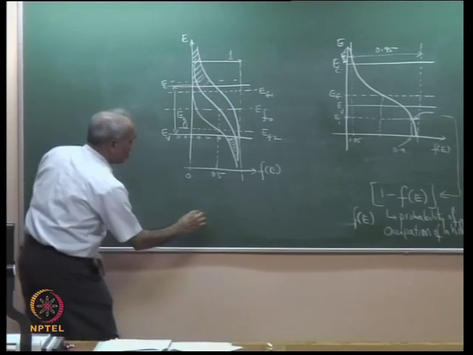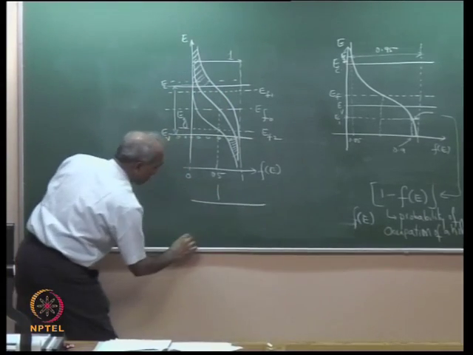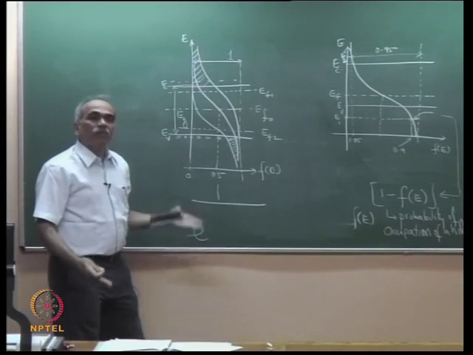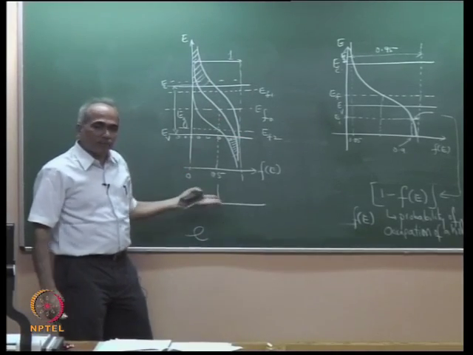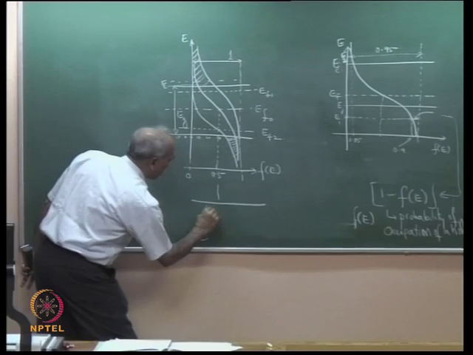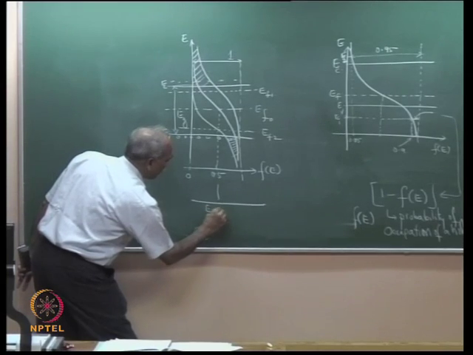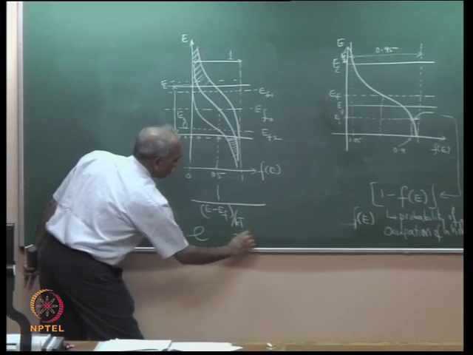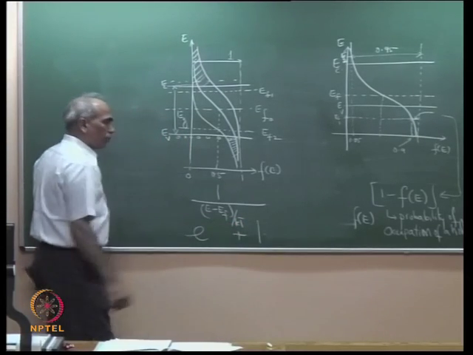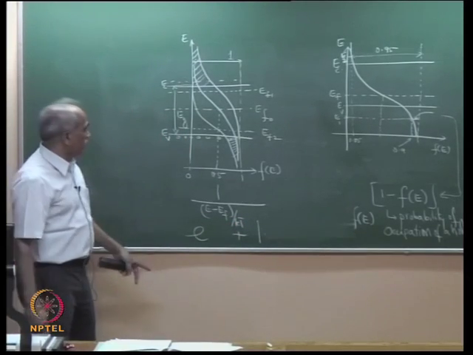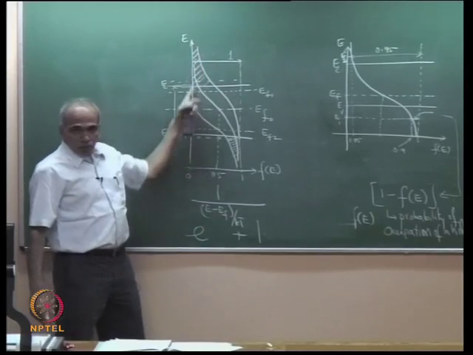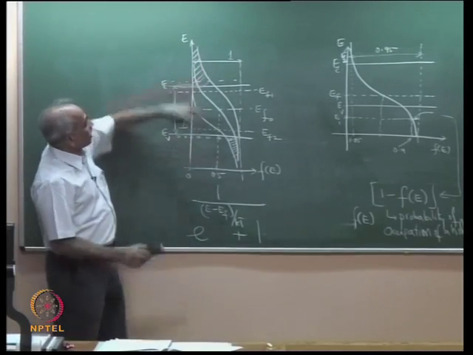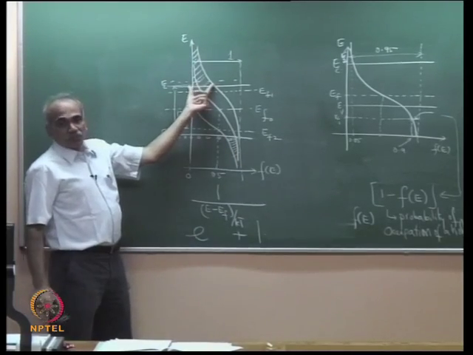But just put numbers in this Fermi function for a practical p-type material and practical n-type material, and you see what kind of numbers you get. E minus EF by KT plus 1. Choose some suitable temperature, say 300 K, and put numbers and try to plot this. You will be surprised that here I have shown it as if 0.4.